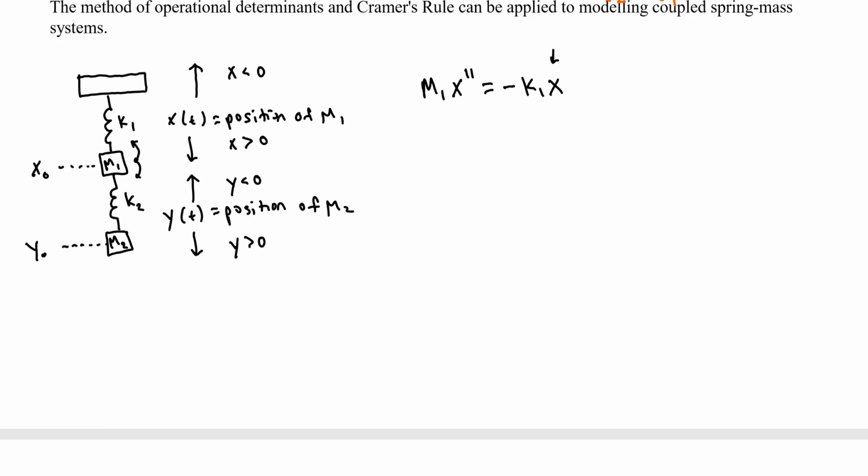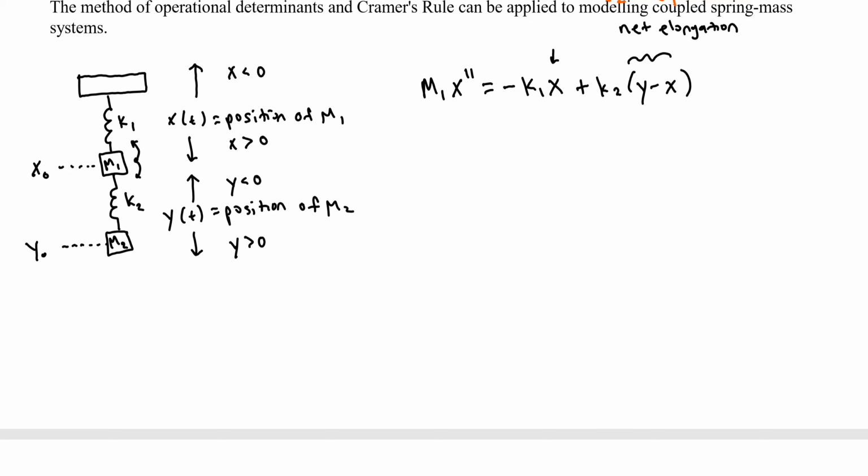Remembering that x is the elongation of spring 1 and y is the elongation of spring 2, we need the net elongation or the net change in the position of the mass when both of those springs are stretched. This is going to look like k sub 2 times y minus x. So this is the net elongation of both of those springs.